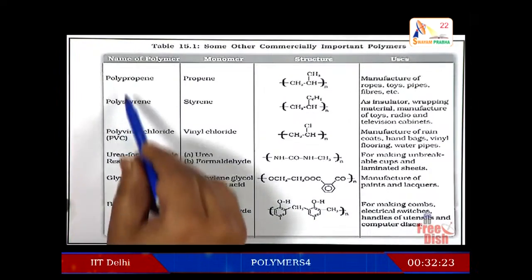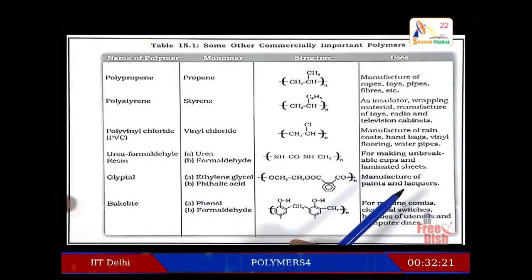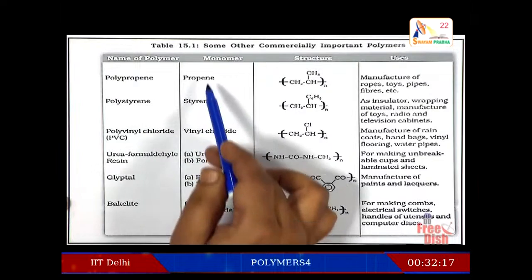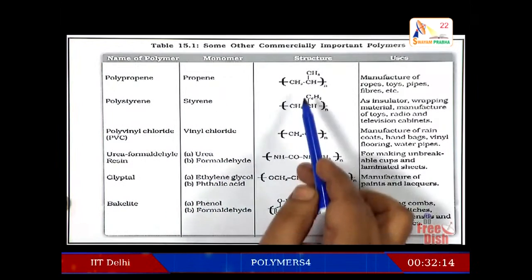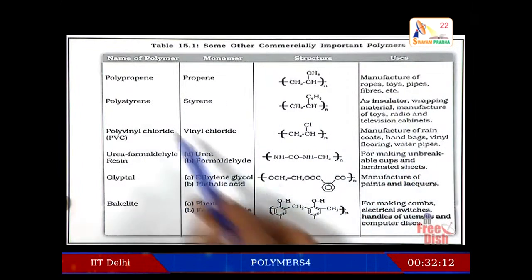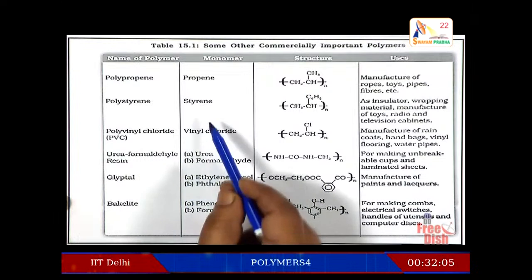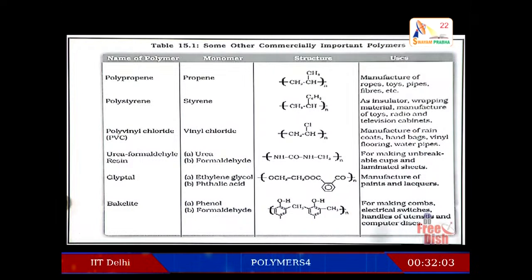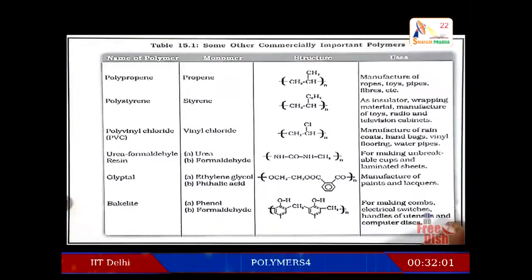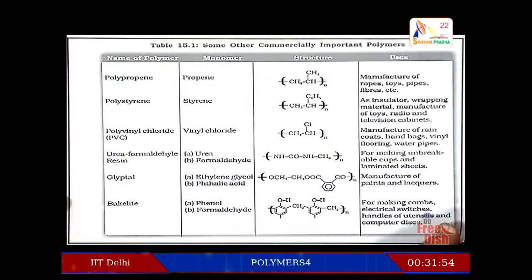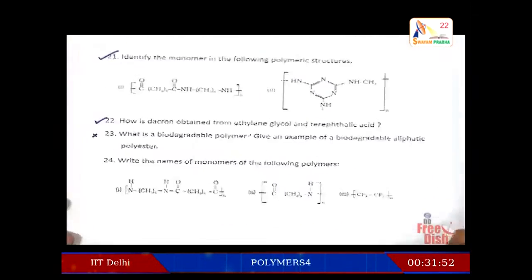So, please go through the polymers, the monomers, their structures and their uses. You have to remember the structure, the name of the polymer, monomer and their uses. So, please read this from the book and try to remember some of the structures and names of the polymers and their use.